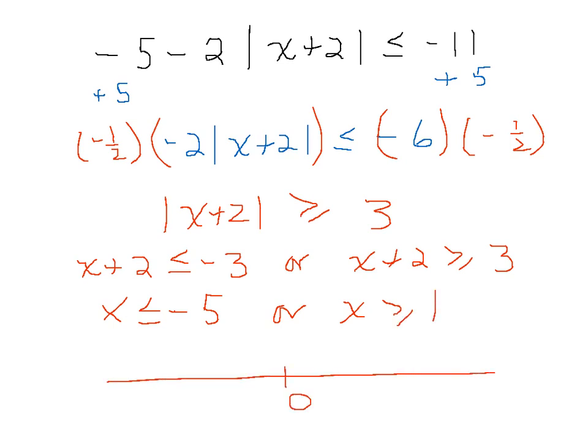And if I graph it, here's a 1, here's a minus 5, less than or equal to, greater than or equal to. And that's what my solution is. Any number that is either here or here will make this statement be true.